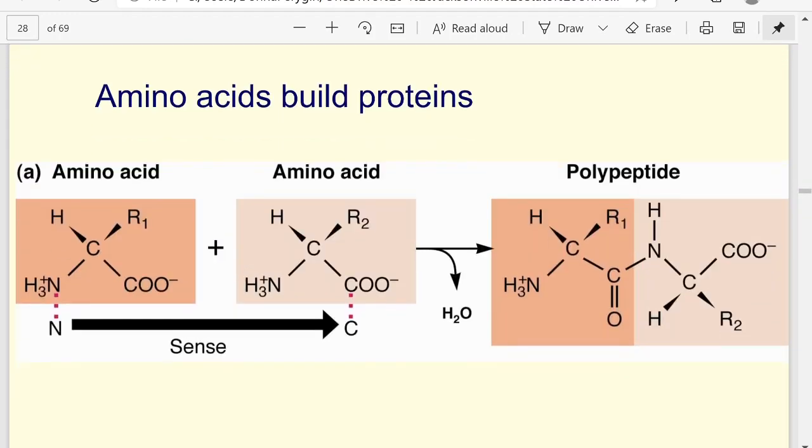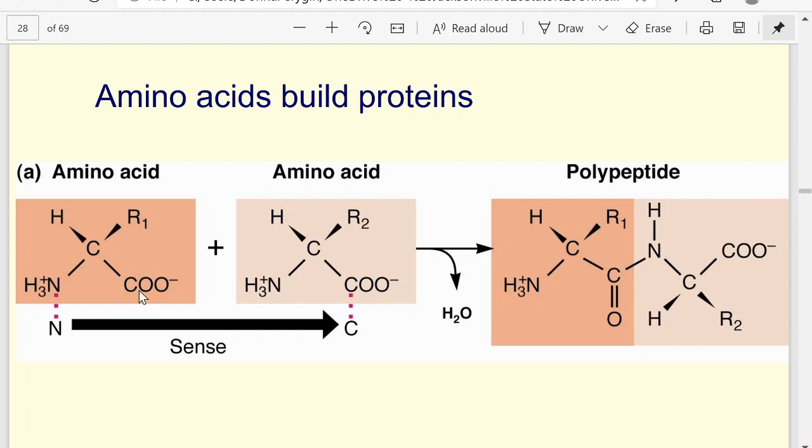Amino acids, as I'm sure you know, are the building blocks of proteins, and it matters how these amino acids are put together. They are put together from the amine end, or the nitrogen-containing end of the amino acid, to the carboxylate end in a polypeptide chain.